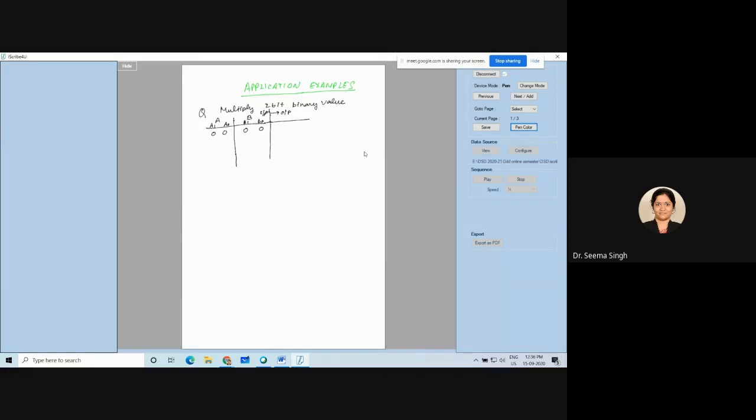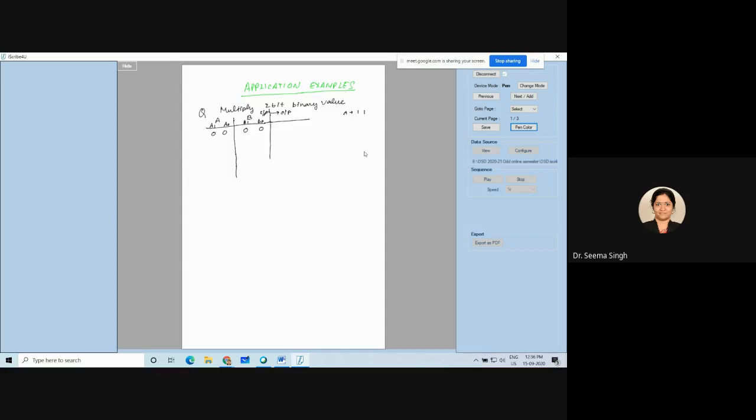Okay, now let me give you one example. What is the highest 2-bit number possible? 1 1, right? If I give you 2-bit numbers, they are 0 0, 0 1, 1 0, 1 1. Can you make anything else other than that?